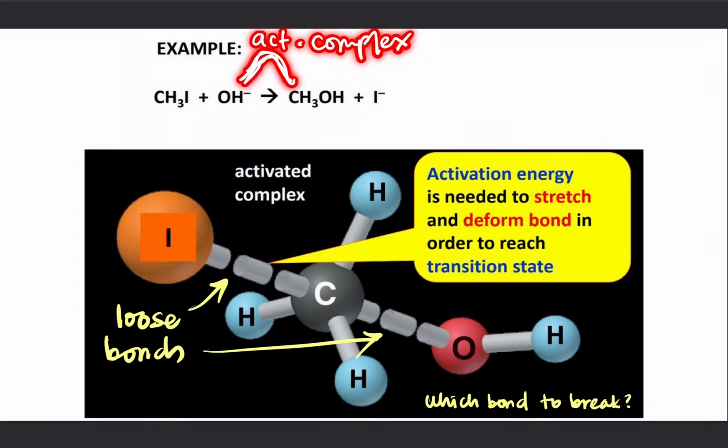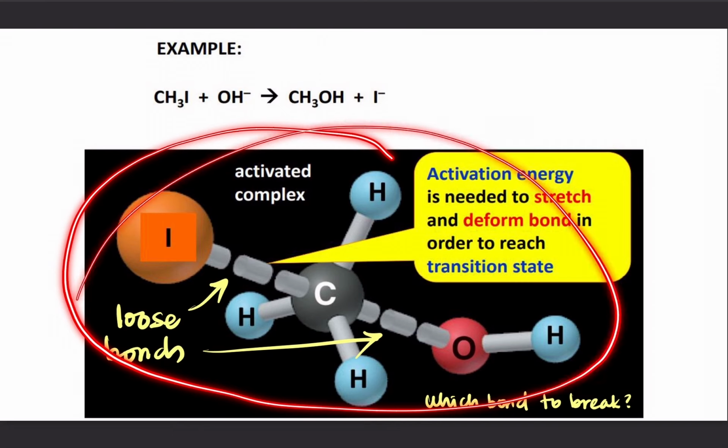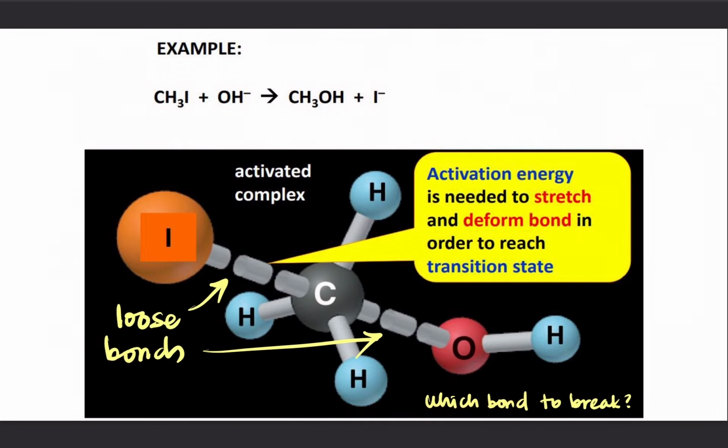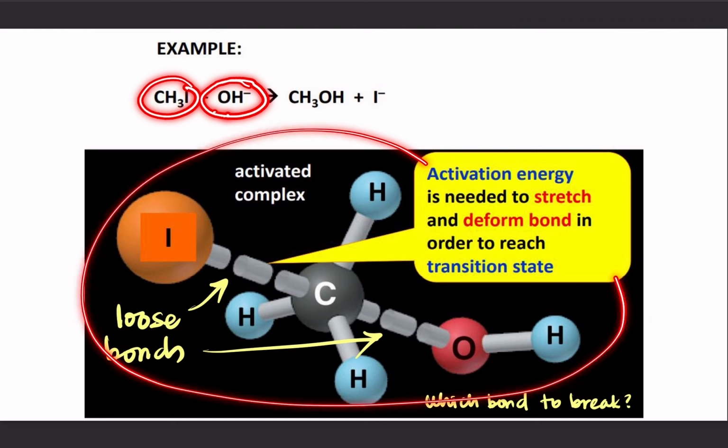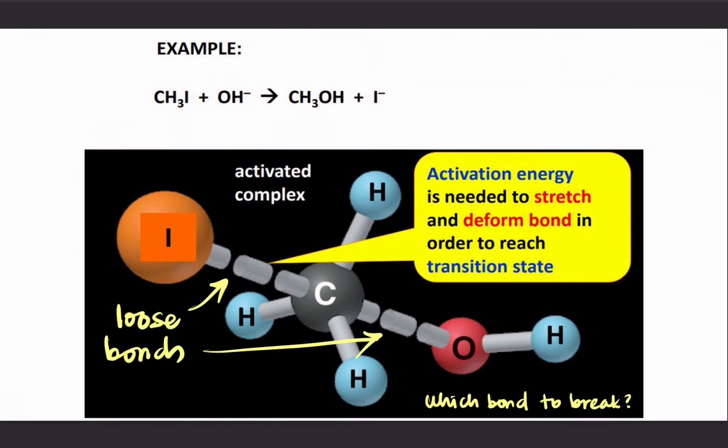For these reactants, your activated complex is this CH3, and you have I, and you also have OH at the same time. So this reactant collides with this reactant and then forms this activated complex up there. Right here we can see that we have the carbon-iodine bond and the carbon-oxygen bond.